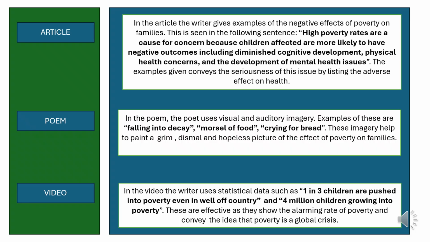These are effective as they show the alarming rate of poverty and they convey as well the idea that poverty is a global crisis. It's not just Jamaica. Poverty is global. All right, just hope that this was beneficial to you.